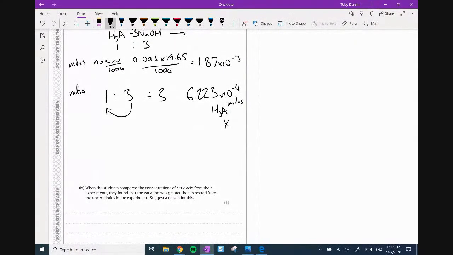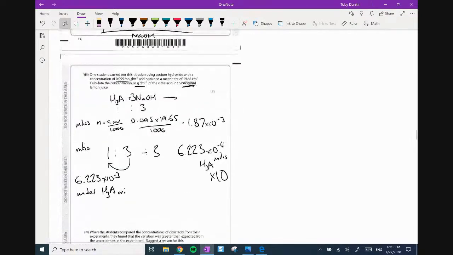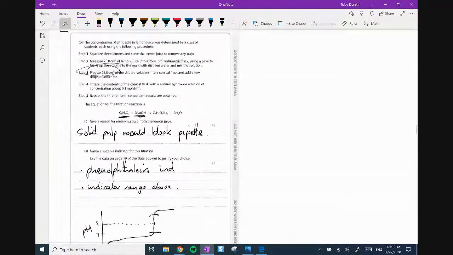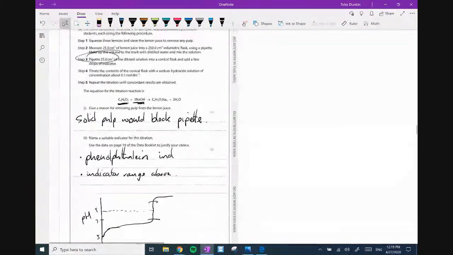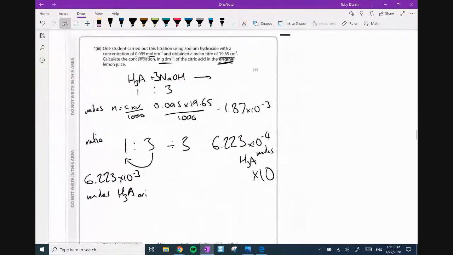So I need to times by 10 here to get it back to the original. 6.223 times 10 to the minus 3 moles of H3A in the original. What was the original volume? 25 centimeters cubed. Would everyone agree? That's weird. Gave a totally different set of numbers. Bizarre.